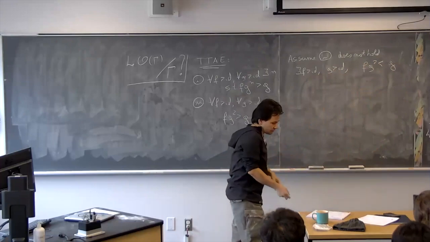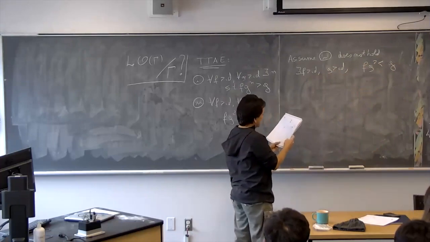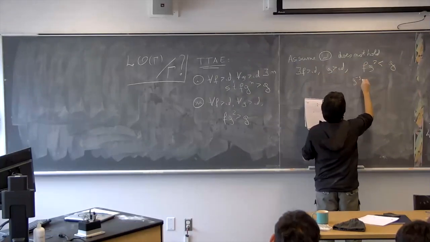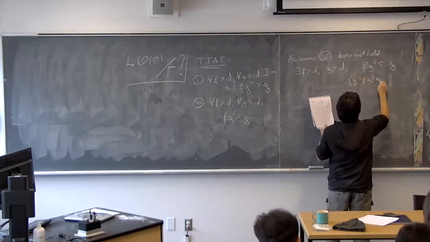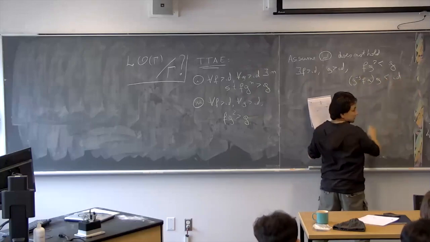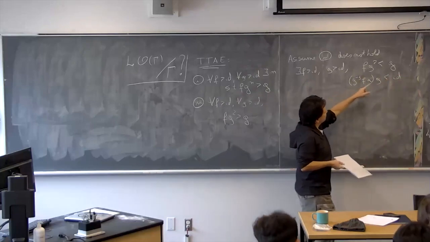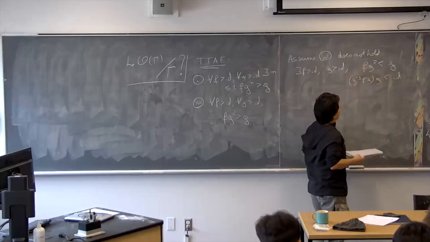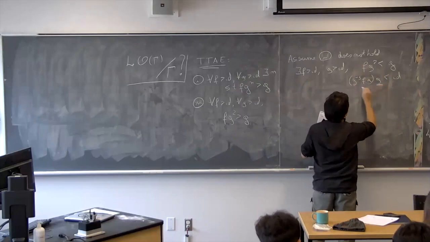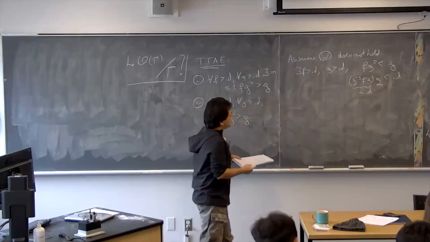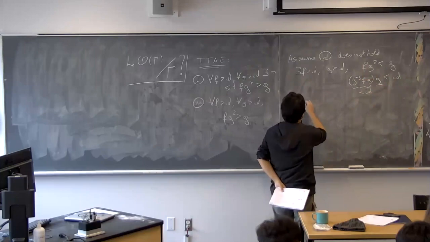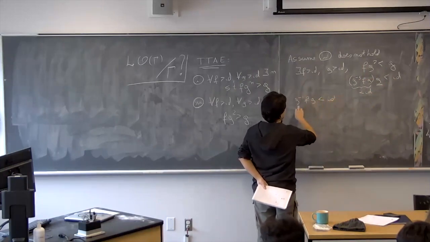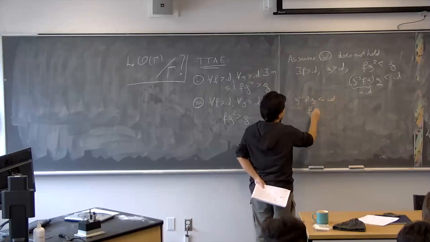Now from this I get g^-1 fg times g is smaller than the identity. I multiply on the left by g^-1, and since this element is negative, g^-1 fg is smaller than the identity. Then I multiply on the left by g, and I get fg is smaller than g.